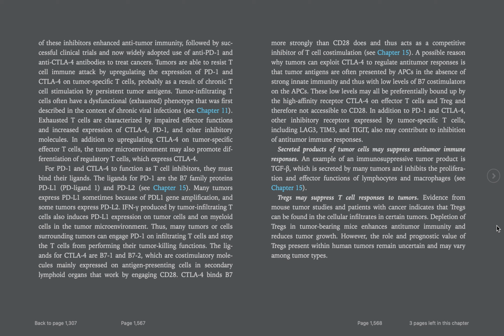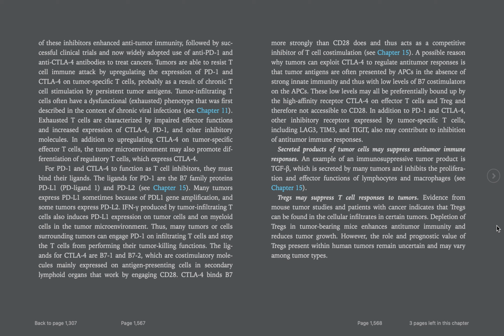In addition to PD1 and CTLA4, other inhibitory receptors expressed by tumor-specific T cells, including LAG3, TIM3, and TIGIT, also may contribute to the inhibition of anti-tumor immune responses.